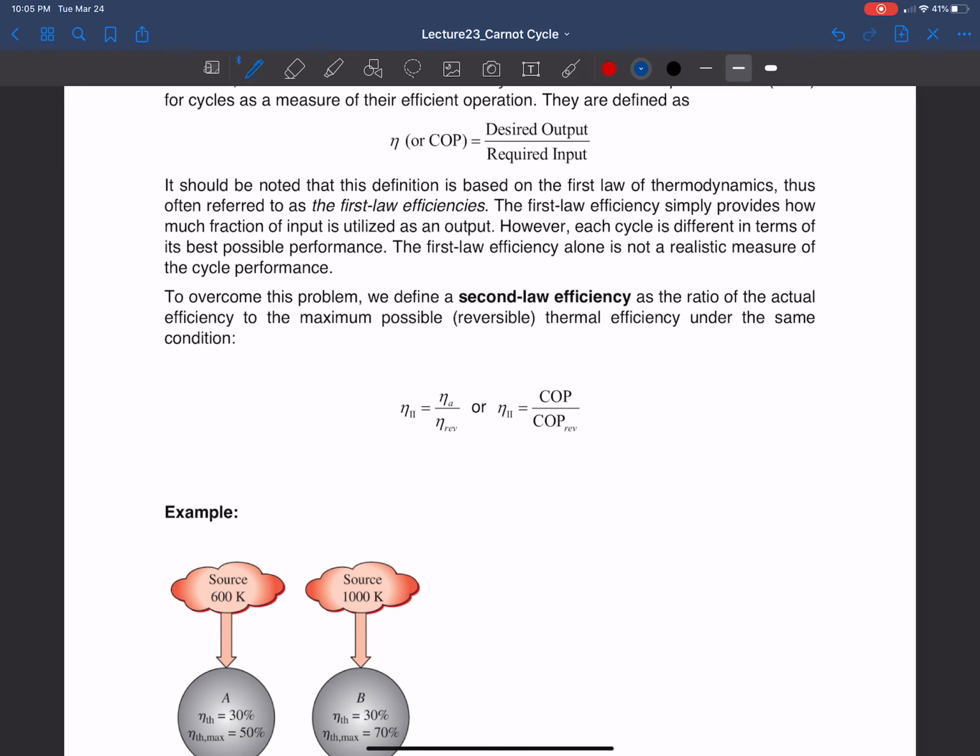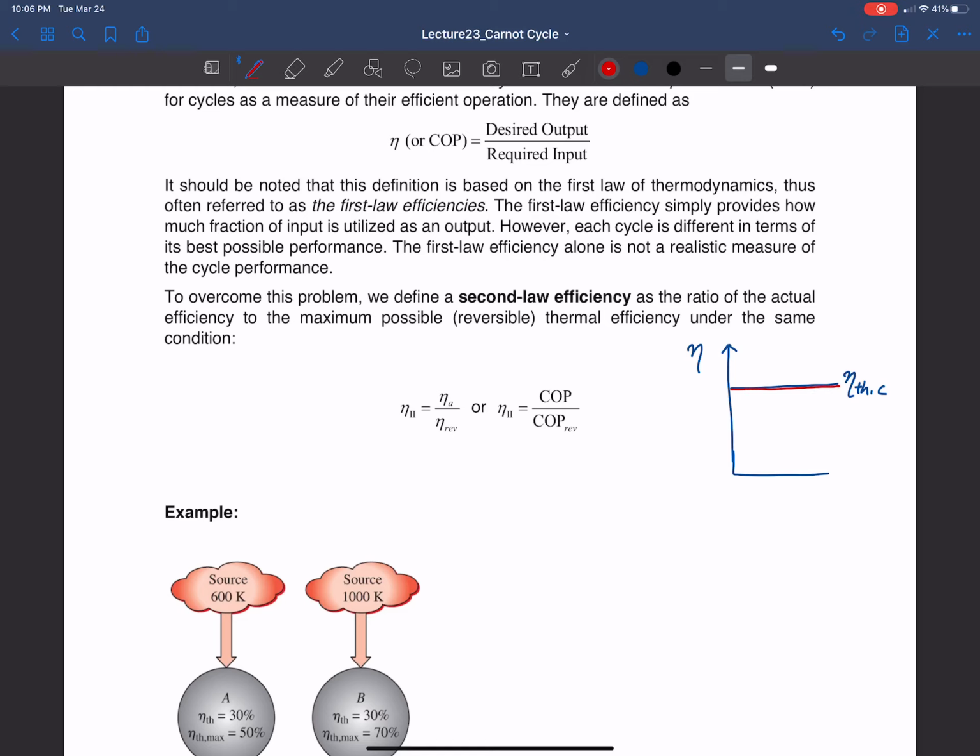Now, in the previous part, we discussed the Carnot cycle efficiency. And the Carnot cycle efficiency is the maximum possible efficiency that we can achieve. Okay? If I draw efficiency, then there must be a certain maximum point, which is the Carnot efficiency, and no heat engines or refrigerators or heat pumps can exceed that limit.